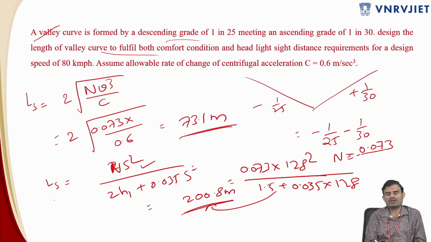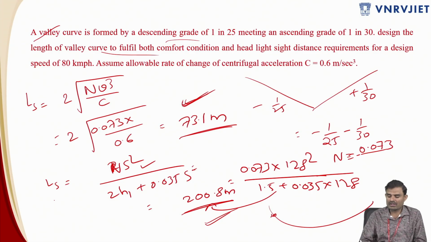Whenever you have more than one formula, you have to take whichever is higher, because if you keep the lower value, then the other criteria will not be fulfilled. If you provide only in terms of comfort, the lesser value, then the criteria regarding safety, which is having a headlight sight distance of 128 meters ahead of you, will not be fulfilled. So you have to take the higher value, then this will be fulfilled easily at every point of time in the valley curve.